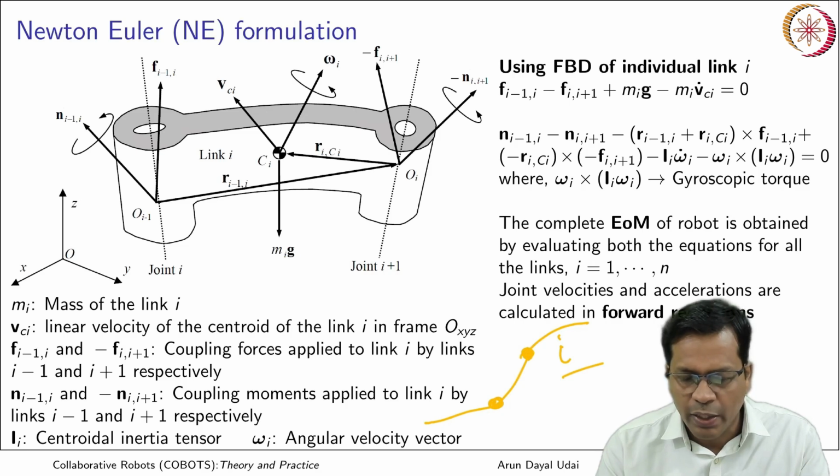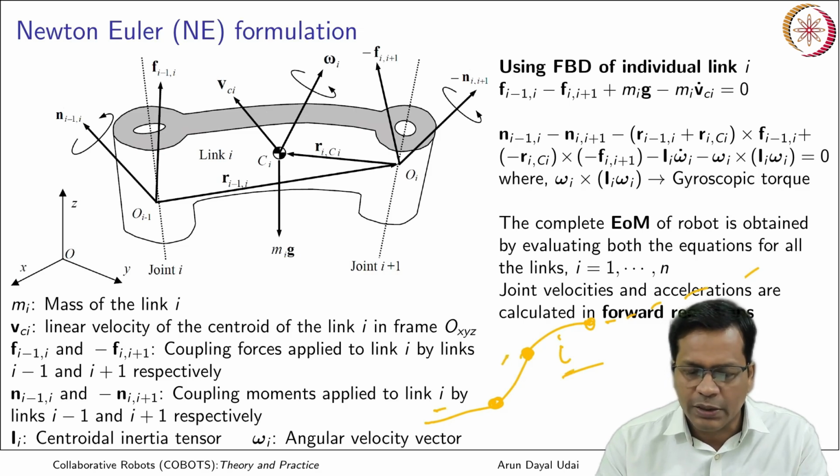Any link coming after this does not affect the linear and angular velocities of the ith link. All the links which are before this actually affect the link i. That is calculated in forward recursion.